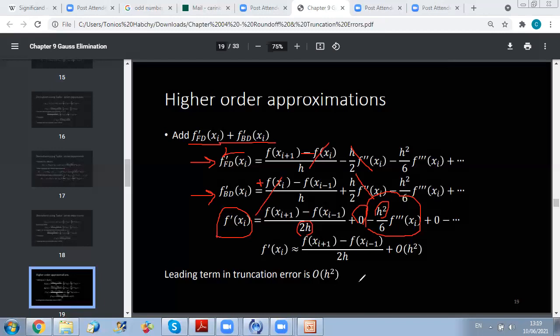This is why we will see together in numerical applications that the centered method will reduce the error, because in this method the truncation error is of order h squared, while in other methods it's of order h. Of course, I'm talking about h smaller than 1.